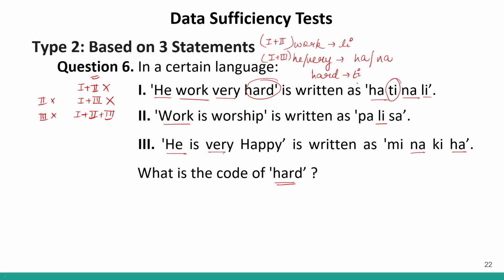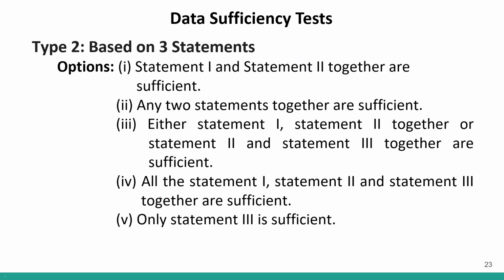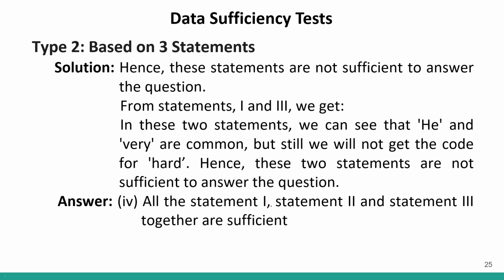And this information we can find out after combining all these 3 statements. So if I look at the options, my answer will be that all the statements 1, 2 and 3 together are sufficient to find the answer to the question. Okay, this will be my answer.